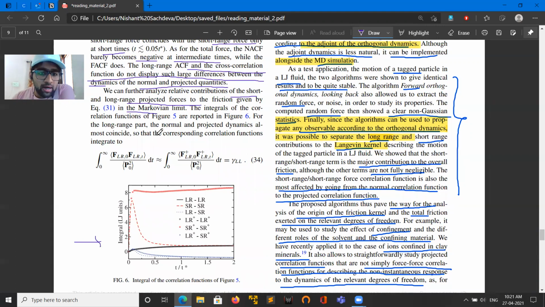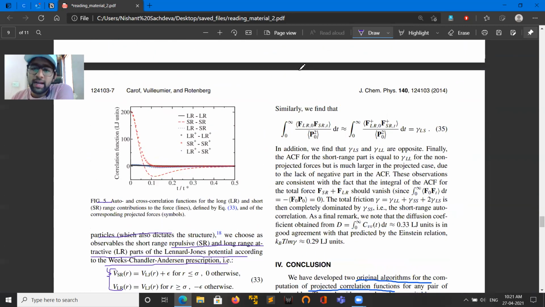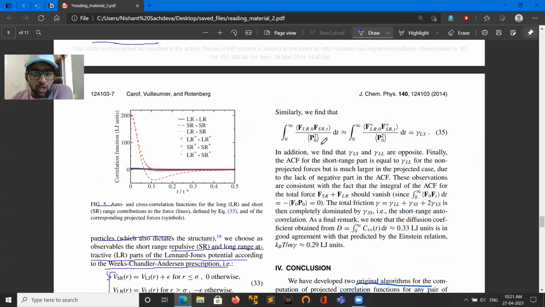For the long range part, the normal and the projected dynamics almost coincide, so the corresponding correlation functions integrate to these values over here. Similarly, we also find that the integral from 0 to infinity dt also approximates to gamma ls.